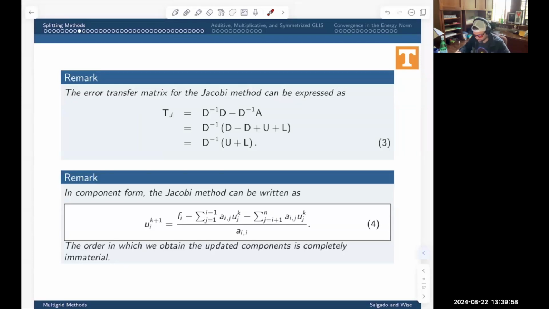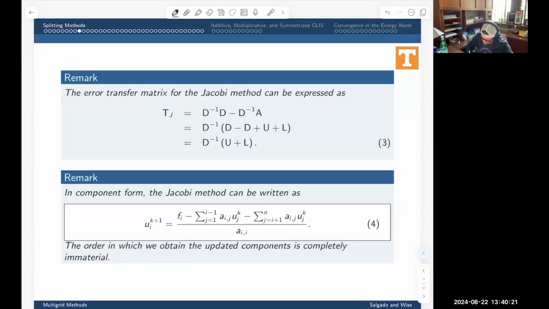Now in component form, the Jacobi method can be written exactly as follows. So here's how you define this. This is the complicated looking component form, but this is actually how we do this in a computer, how we code this up. But let me show you how this is arrived at.